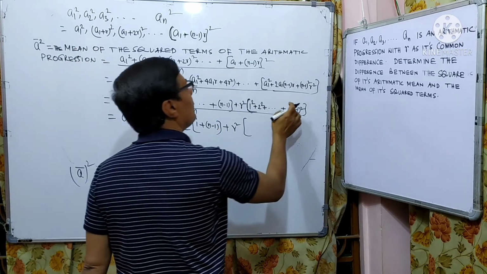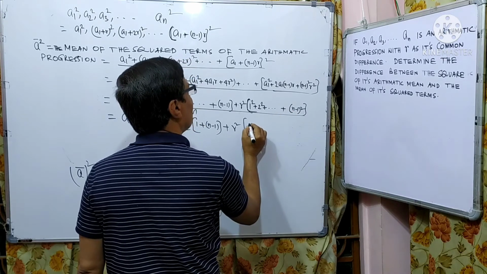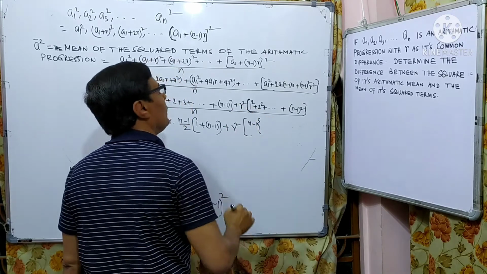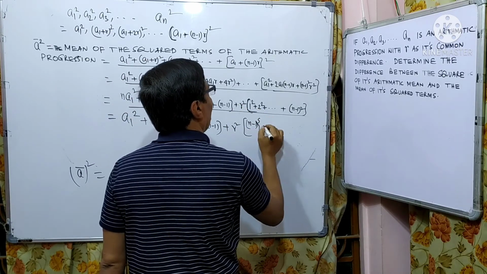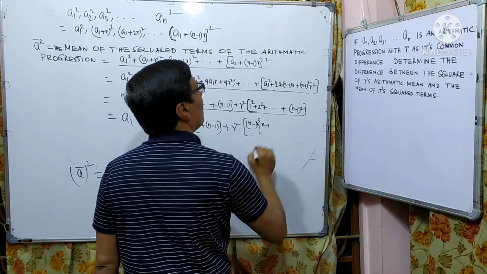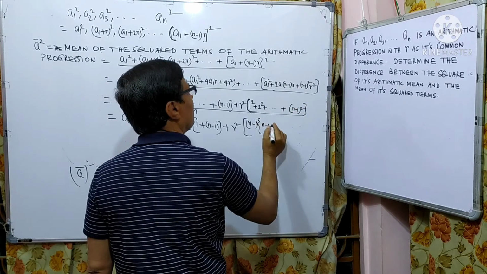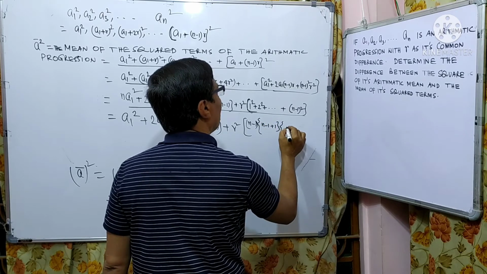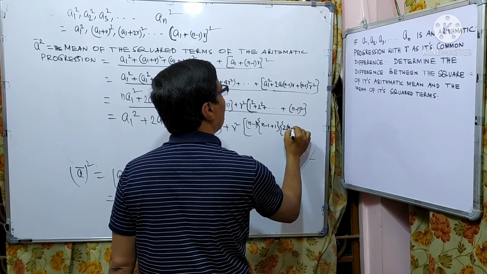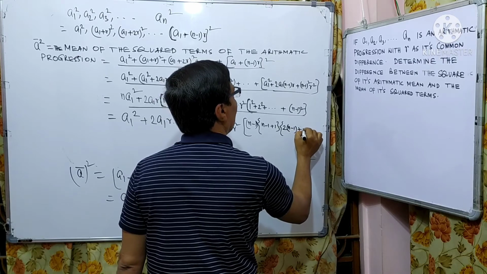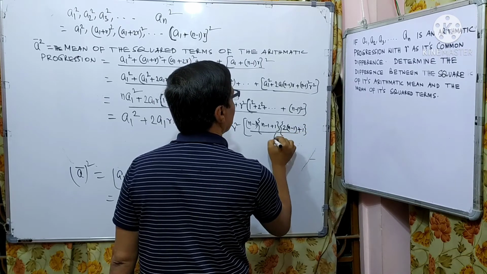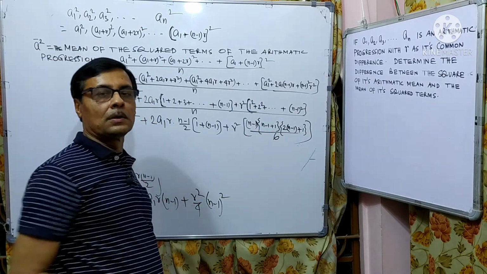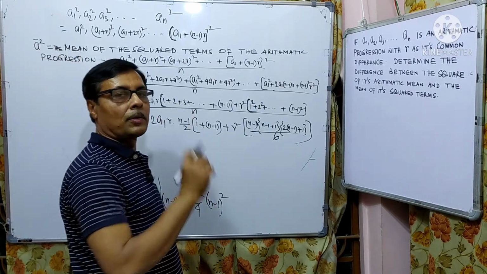The formula is, with the number of terms n minus 1, n minus 1 into the number of terms plus 1 into 2 into the number of terms plus 1, over 6. This is the sum of this well known series, 1 square, 2 square, dot dot n minus 1 square.